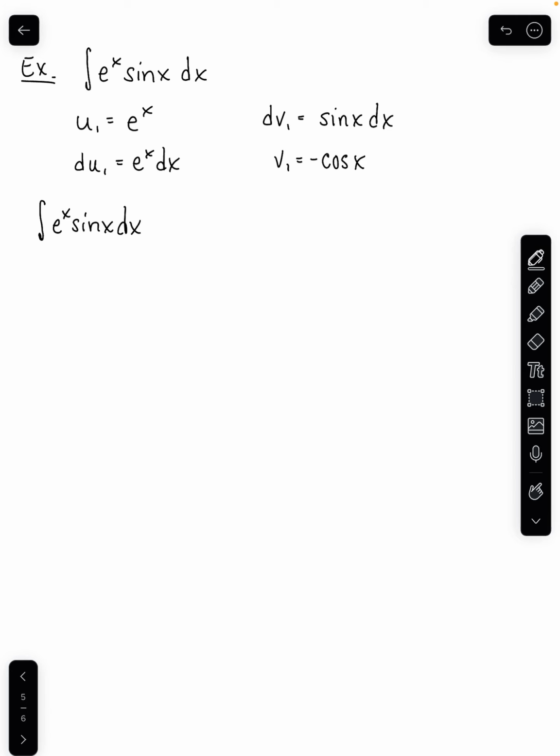The integral of e to the x sine of x dx is equal to u sub 1, which is e to the x, times v sub 1, which is negative cosine x, minus the integral of v sub 1 times du sub 1.